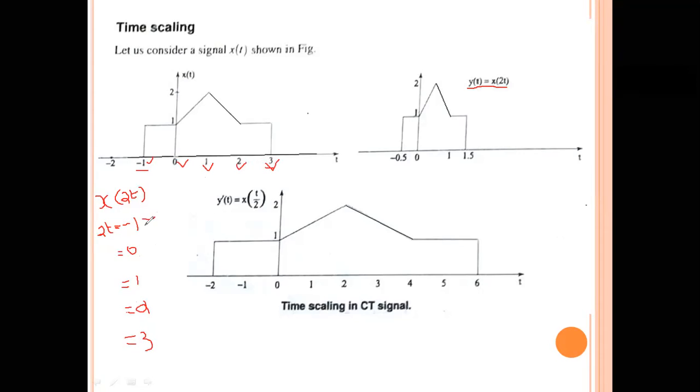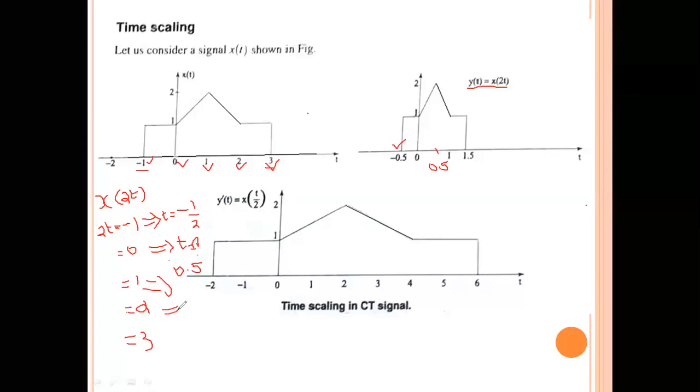Now see here, what is the starting time value? t is equal to -1 by 2, that is -0.5. Similarly, next one, t is equal to 0. Now this is 0.5. Here he has not marked that 0.5, but this is 0.5.